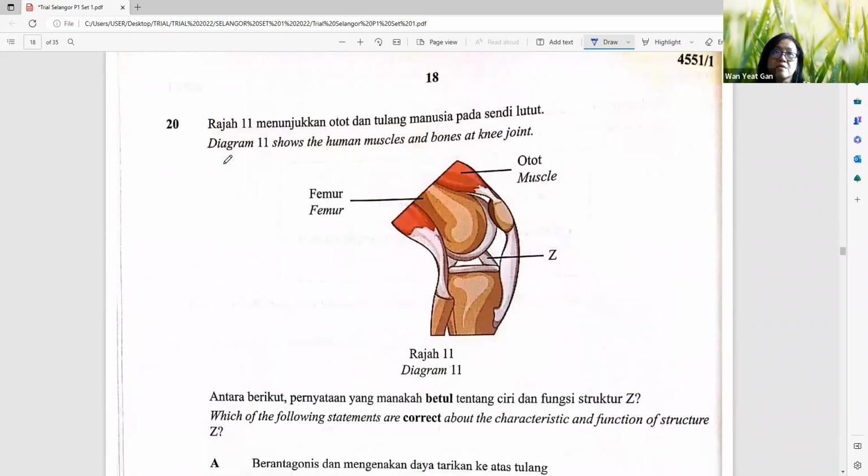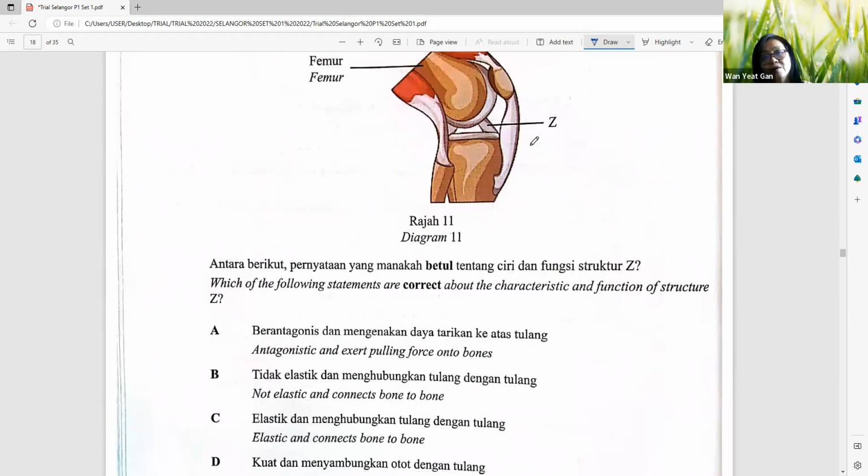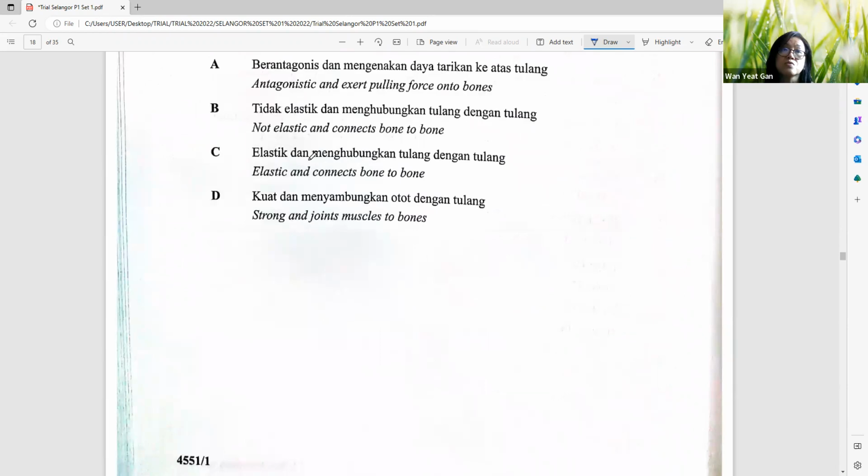Right, number 20. Diagram 11 shows the human muscle and bone at the knee joint. Which of the following statements is correct about the characteristic and function of structure Z? Structure Z here is elastic and connects bone to bone.